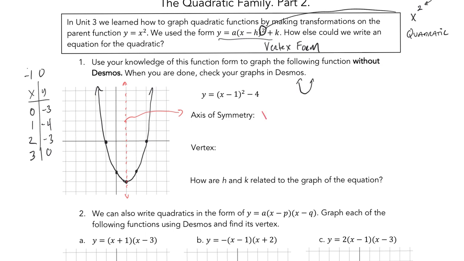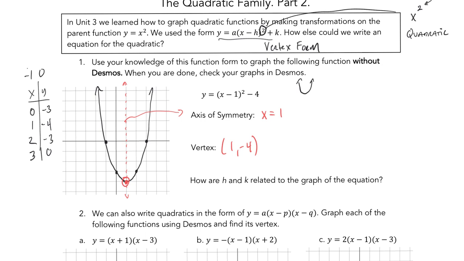And it looks like we define it as x equals 1, right? x equals 1 is the line of symmetry, that if we cut it in half, this half is exactly the same as that half. The vertex is this point down here, right? Our lowest point, or this could also be its highest point, (1, -4).